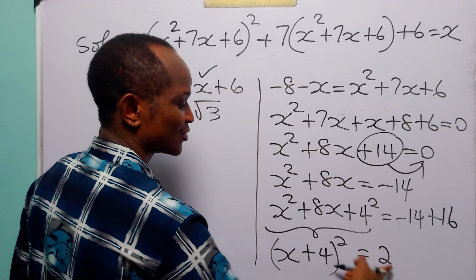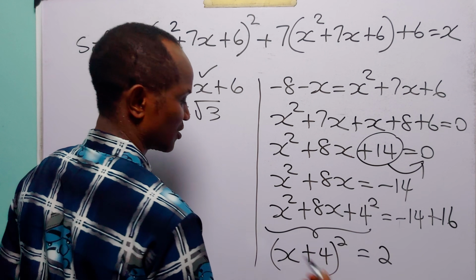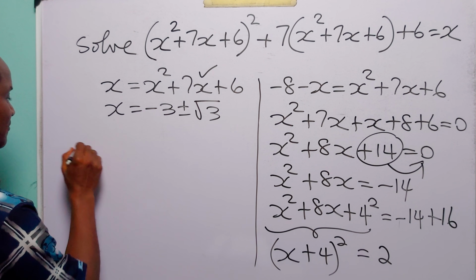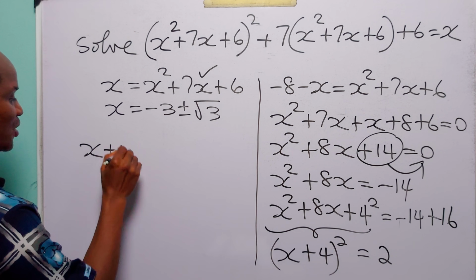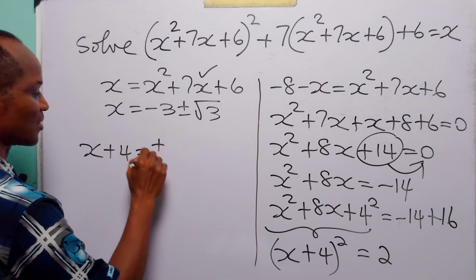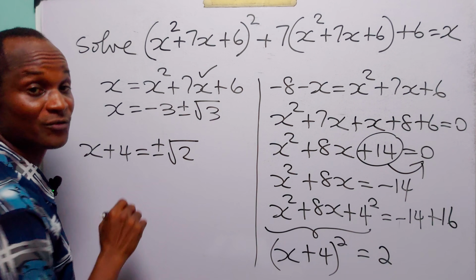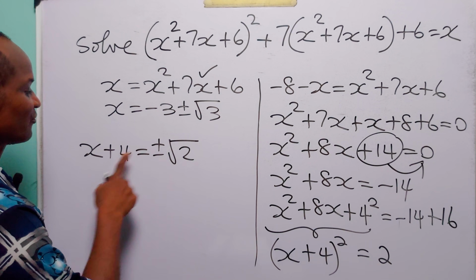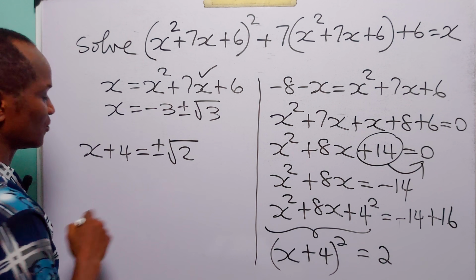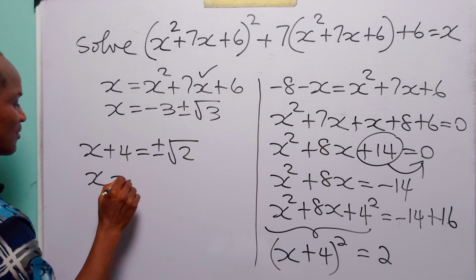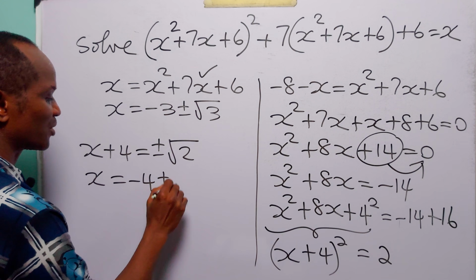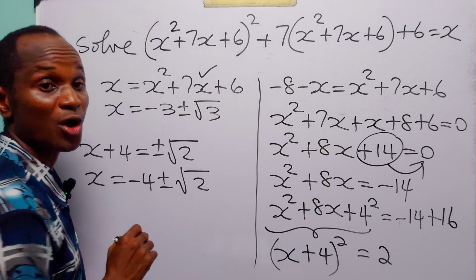Now, we take square root of both sides of this equation. When we do that, we have that x plus 4 is equal to plus or minus the square root of 2. And subtracting 4 from both sides of this equation, we have that x is equal to minus 4 plus or minus the square root of 2.